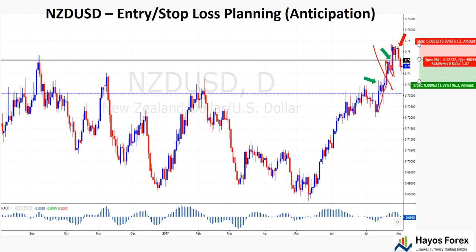So I expected at least the price to test that particular level of 0.74 again. So that's my plan, that's my plan entry point, and for my stop loss, I look for the closest swing high, which is at this point. Okay, and profit targets.